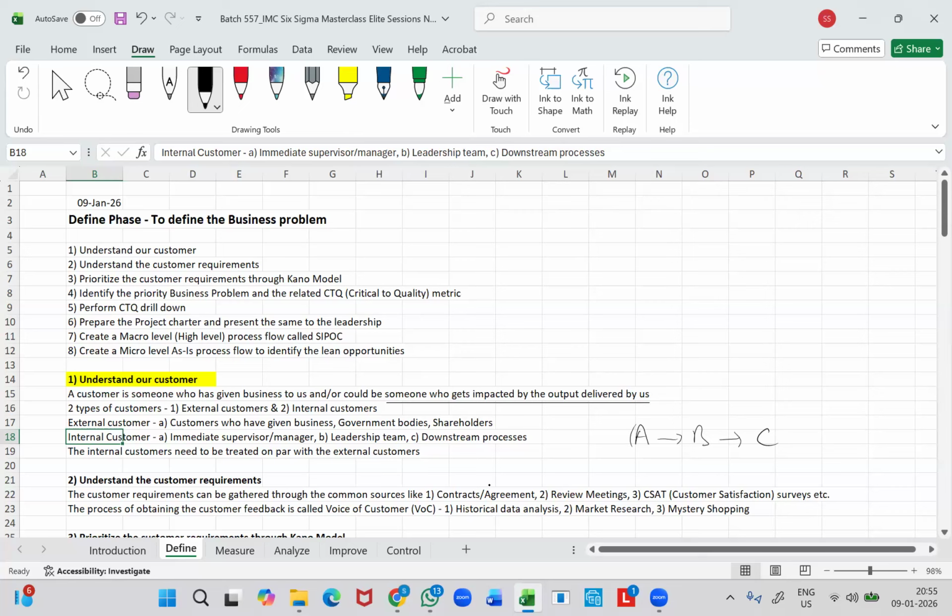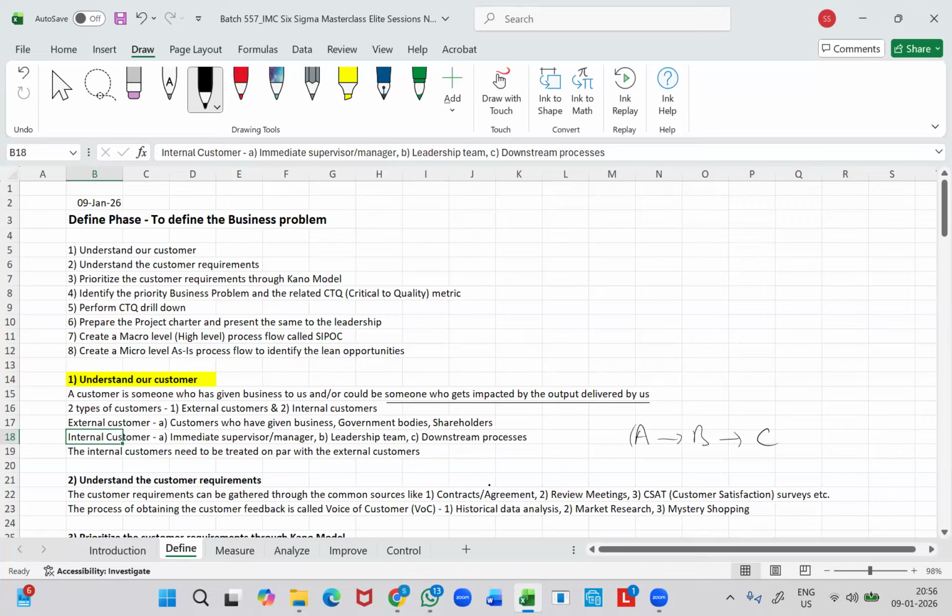So even if they are going to commit any mistake, these people are there to identify those mistakes and correct them before the output is delivered to the customer. Whereas C doesn't have that luxury, because after C, there is no other processor down the line. So after C, the output is going to get delivered straight to the customer. So C will be taking extra care in ensuring that he processes correctly without any defect.